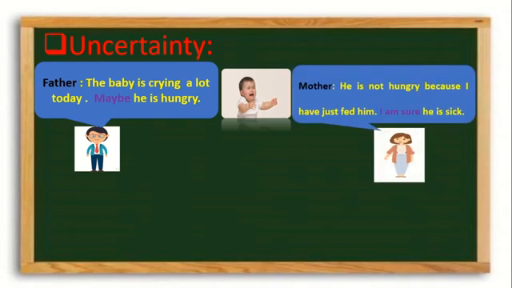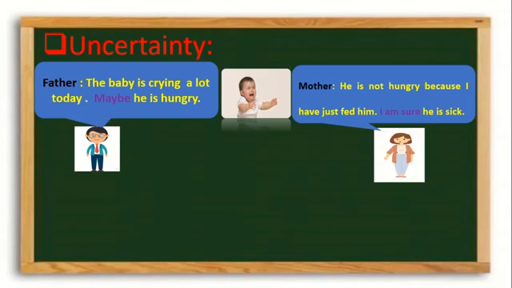Good. What about this example? The mother says, "The baby is not hungry because I have just fed him. I have just given him to eat. I am sure he is sick." So what about the mother?